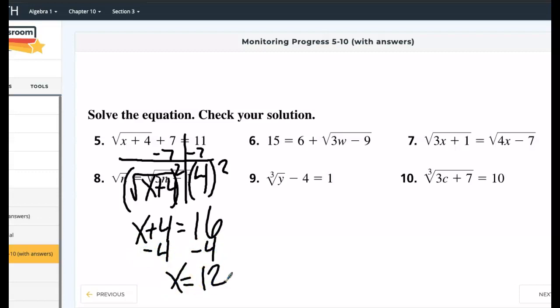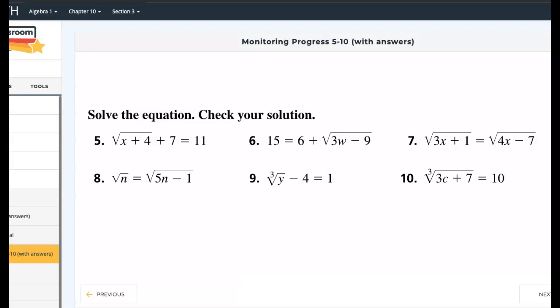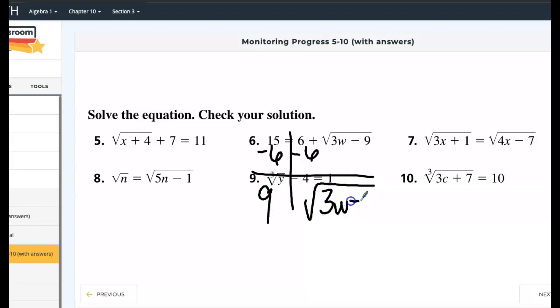Okay, next one, what would I do first? You want to subtract the 6. Minus 6. You see that? So you get 9 equals the square root of 3w minus 9.